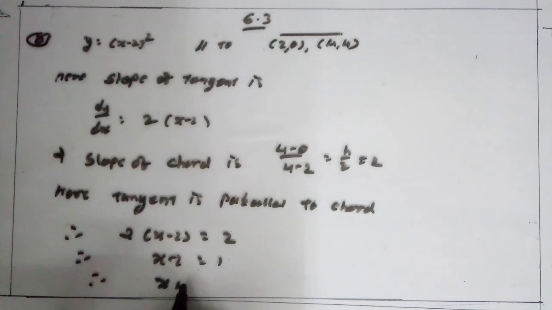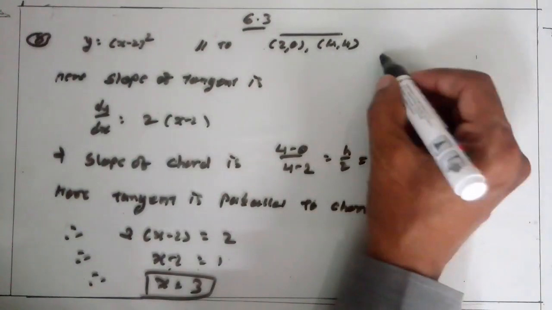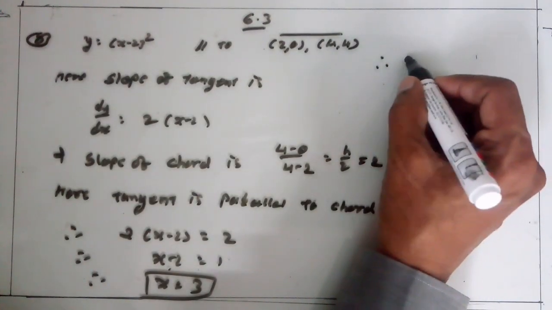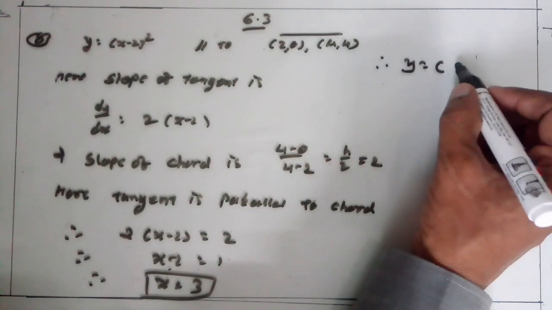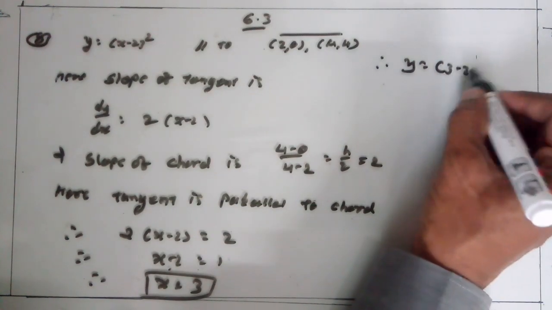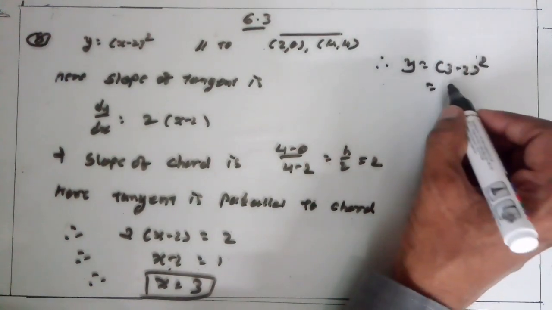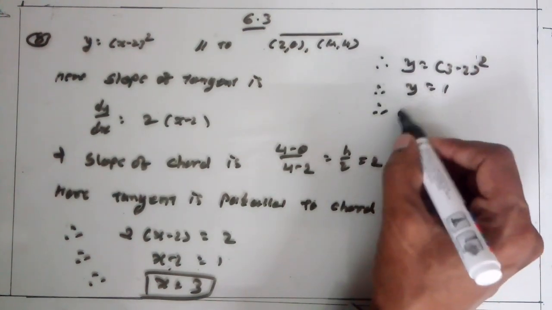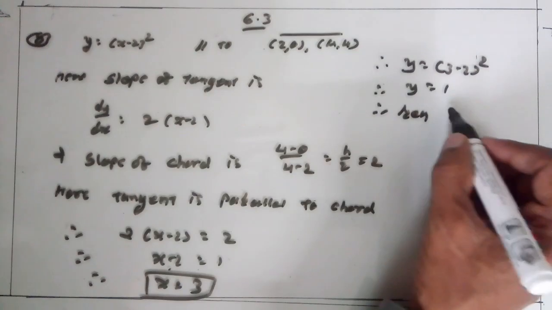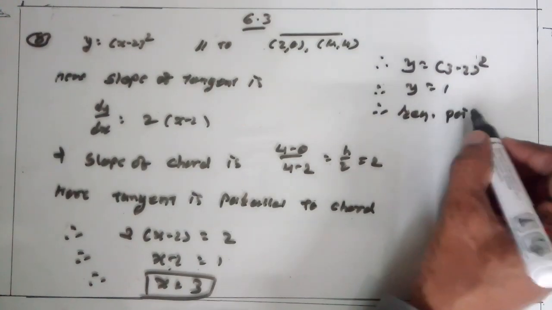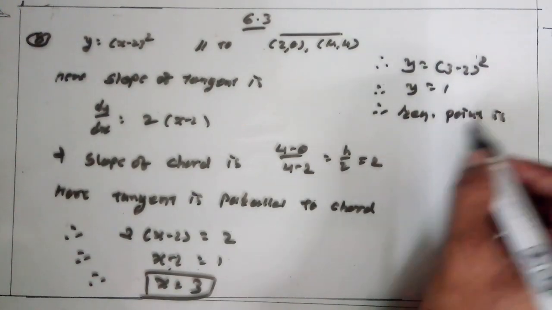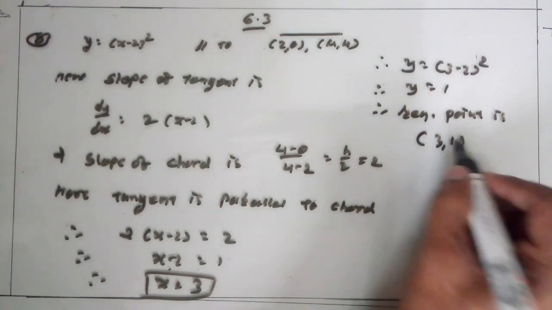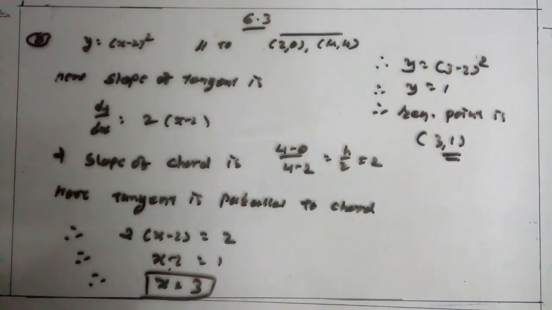Therefore x is equal to 2 taken to this side, so 3. Clear? Using x is equal to 3 in this equation we get y. Therefore y is equal to (3 minus 2) square, which is 1 square, that is 1. Therefore the required point is (3, 1). Clear?